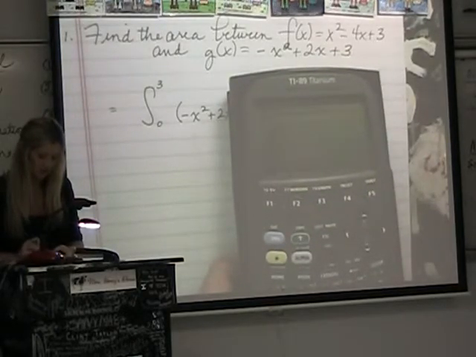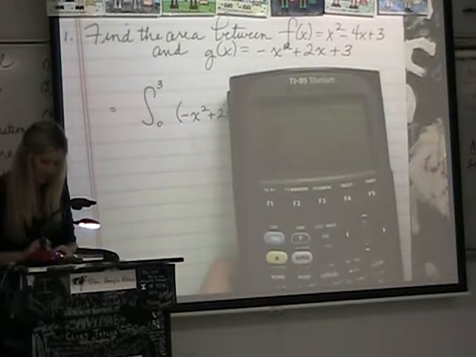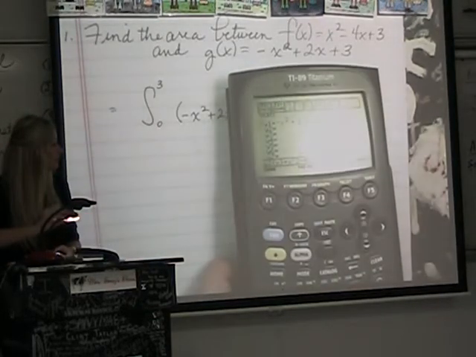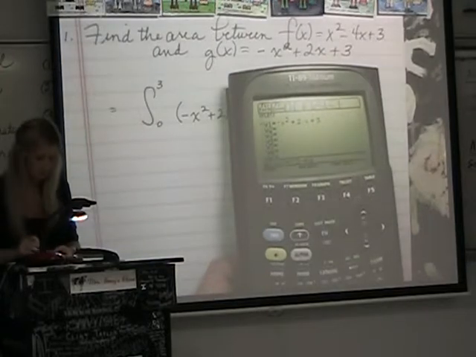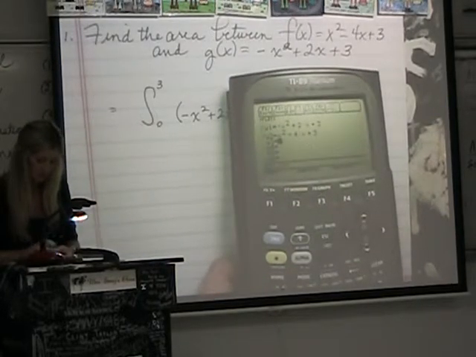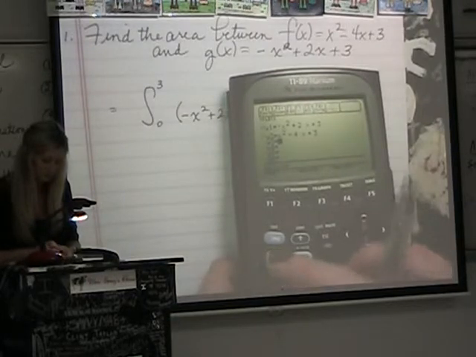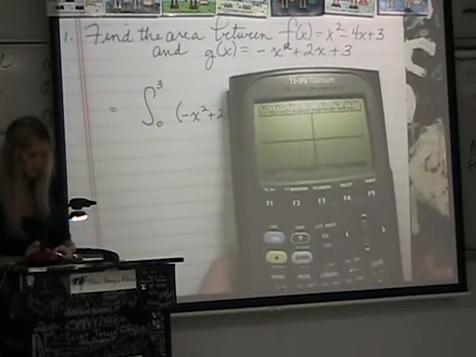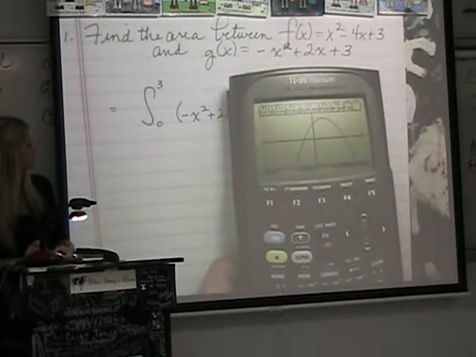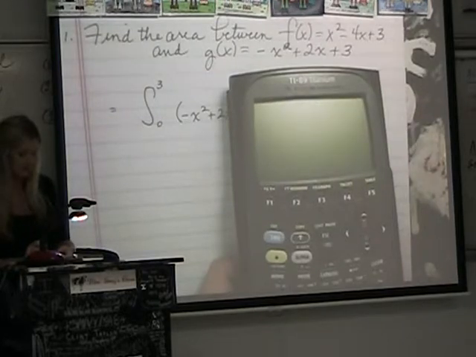I know it's harder to see this one, but I'm going to type them in real quick and just walk you through it. So here's my g of x function graphing first, and my calculator dies.